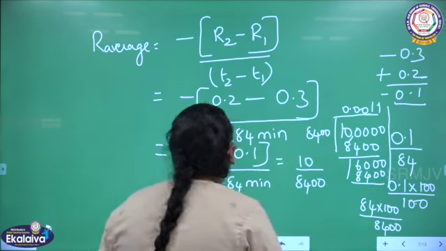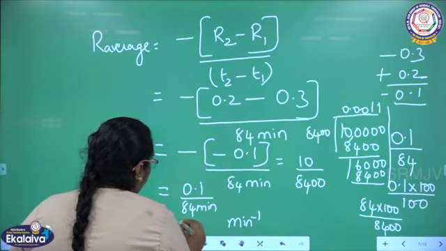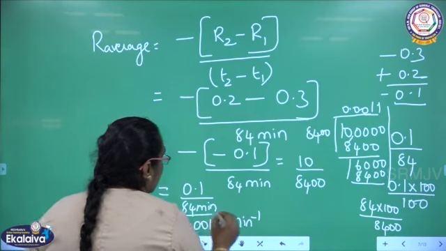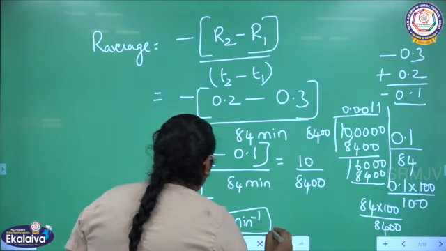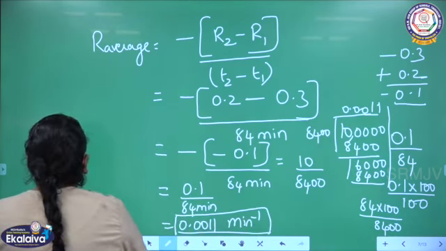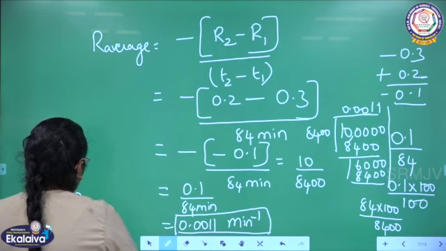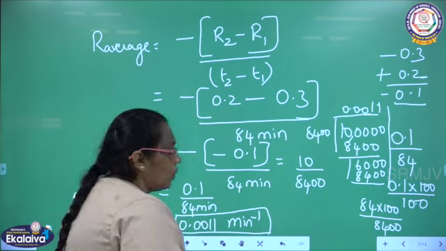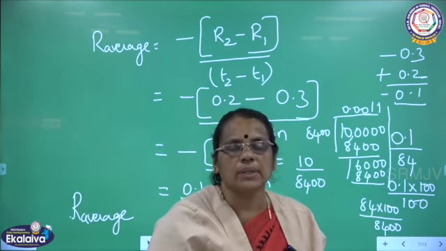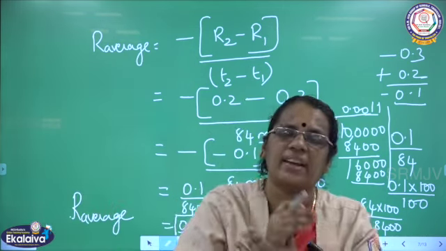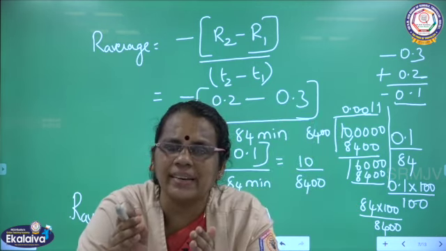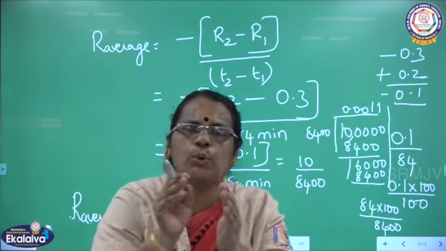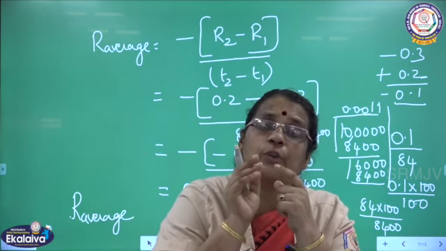And what is the answer I am getting here? 0.0011 minute inverse. So the average rate of the reaction R average is equal to 0.0011 minute inverse. I told about the average rate of the reaction here. The concentration has changed from 0.3 moles per liter to 0.2 moles per liter in 84 minutes.